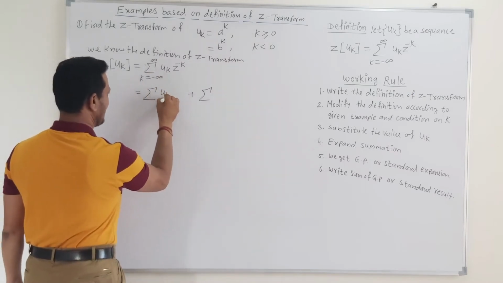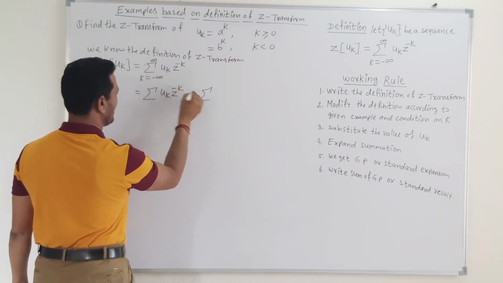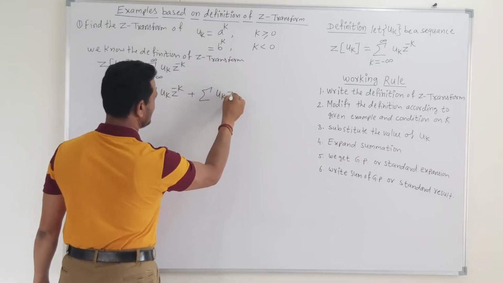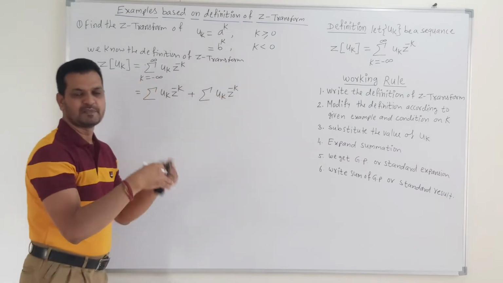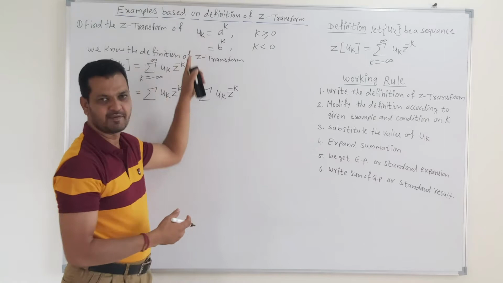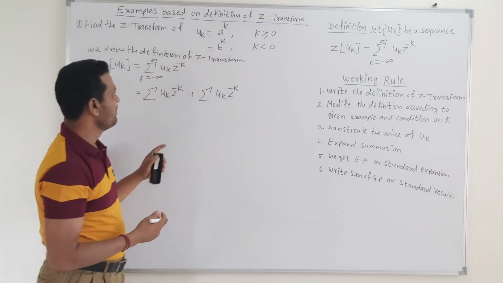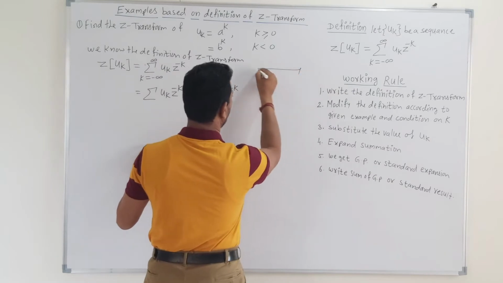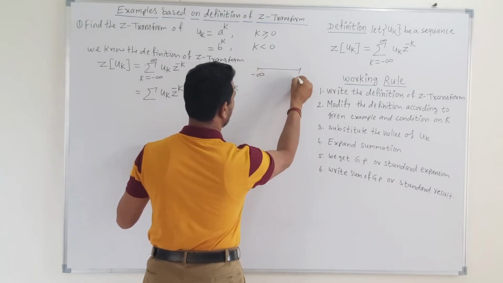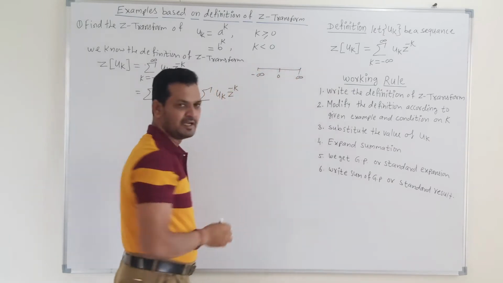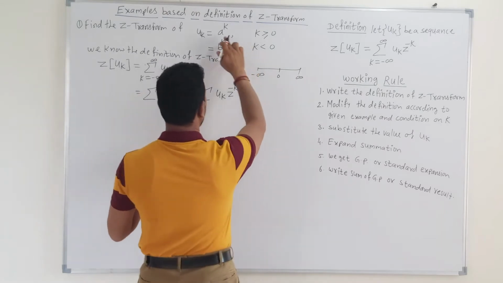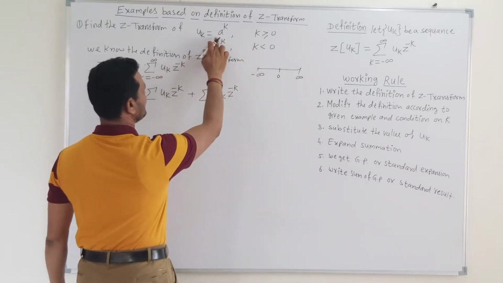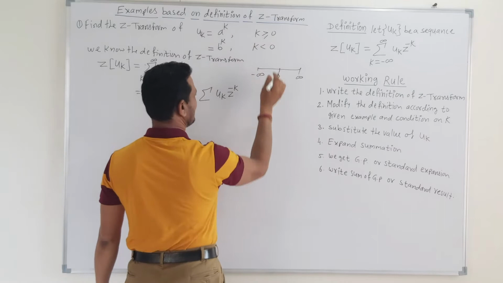So we can write this as UK Z raised to minus k, then this is UK Z raised to minus k. We split this into two parts because the given example is split into two parts. But here the condition on k is different. This is the length of the interval, suppose from minus infinity to plus infinity. So friends, here the first value of the sequence UK is equal to a raised to k for k greater than 0.